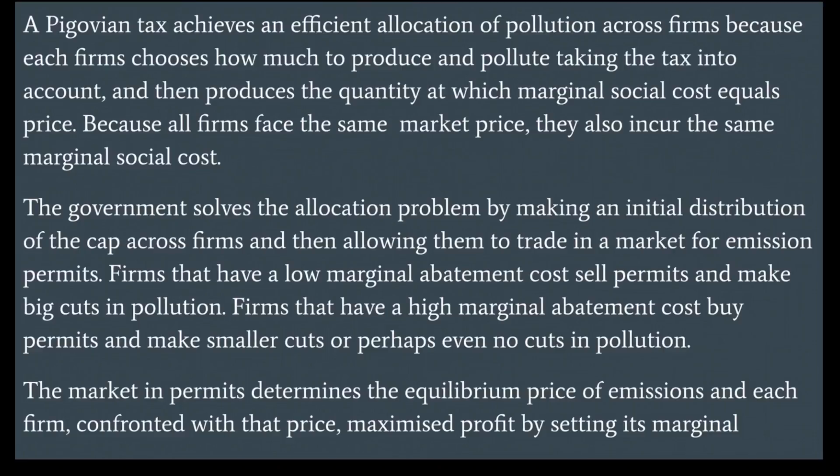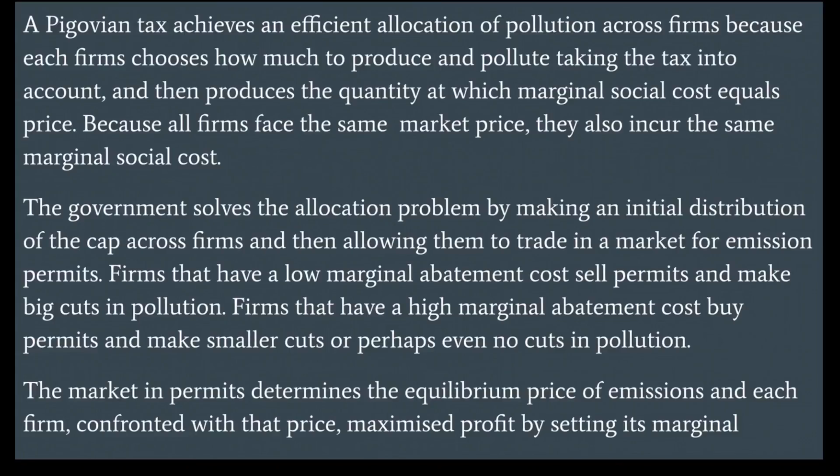The government solves the allocation problem by making an initial distribution of the cap across firms and then allowing them to trade in a market for emission permits. Firms that have a low marginal abatement cost sell permits and make big cuts in pollution. Firms that have a high marginal abatement cost buy permits and make smaller cuts or perhaps even no cuts in pollution.